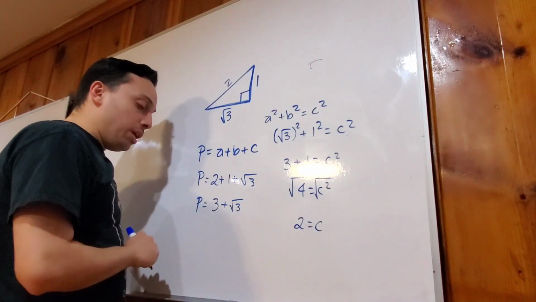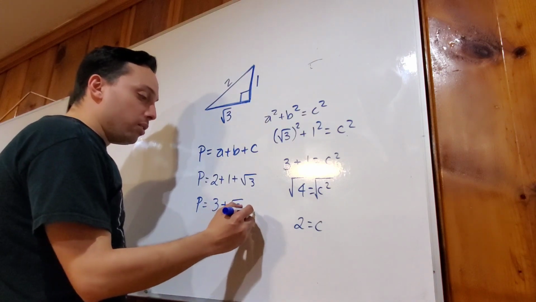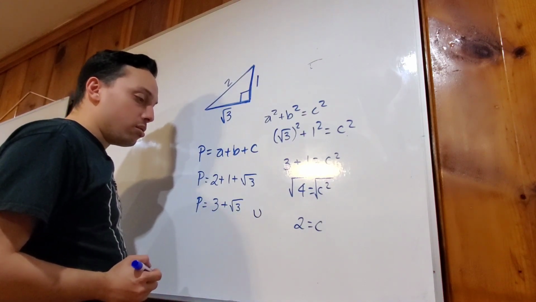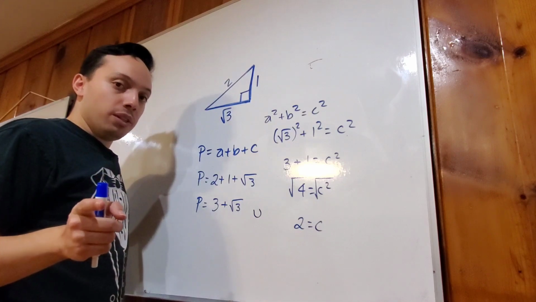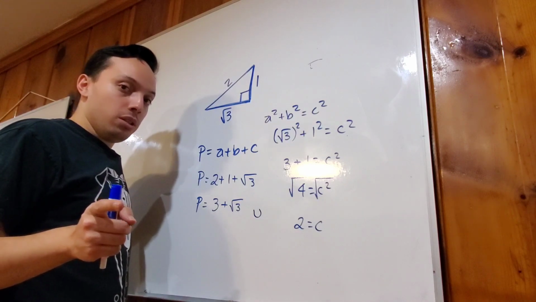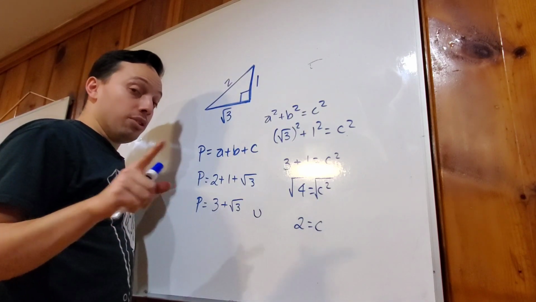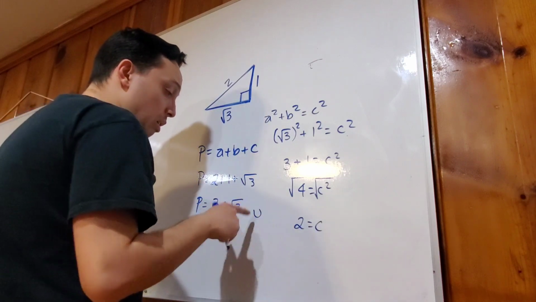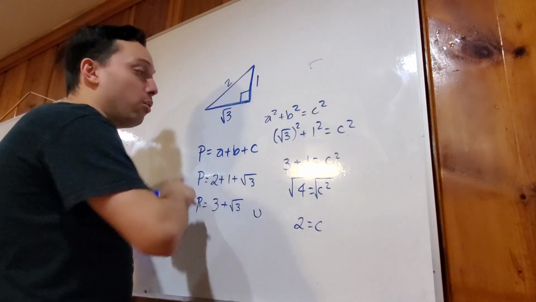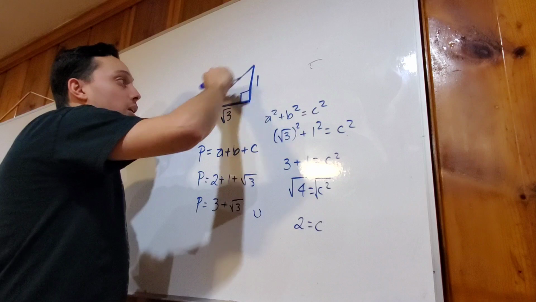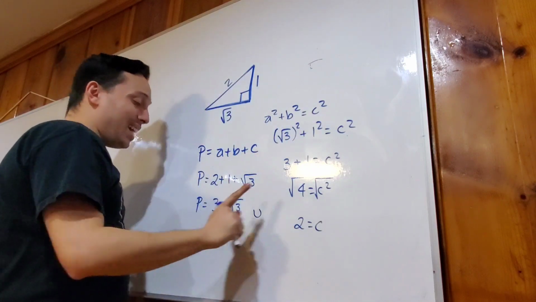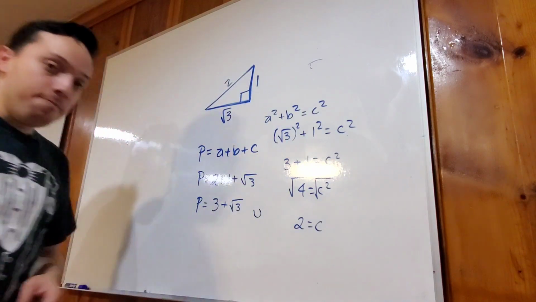And that's going to be how you find the perimeter. Obviously, you have to put units. Don't remember if I did that for the first part. But if I didn't, you have to put units squared. And that's how you find both the length of the diagonal and the perimeter. Okay? And that's it.